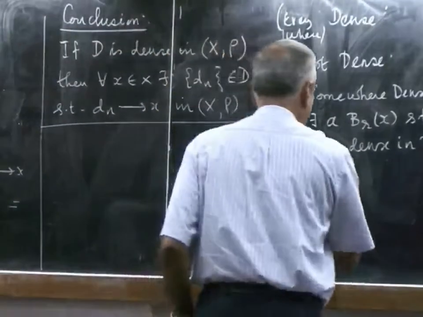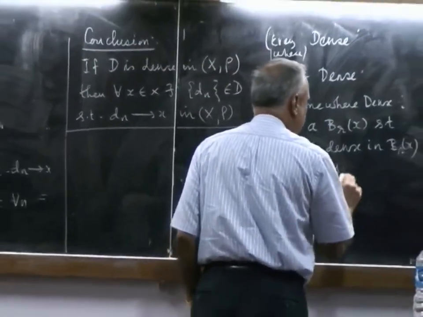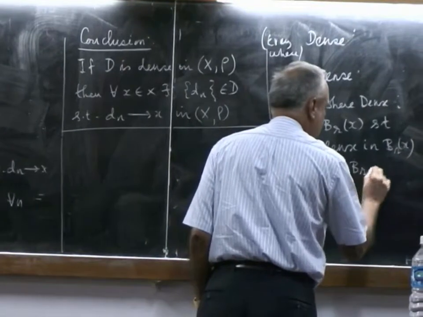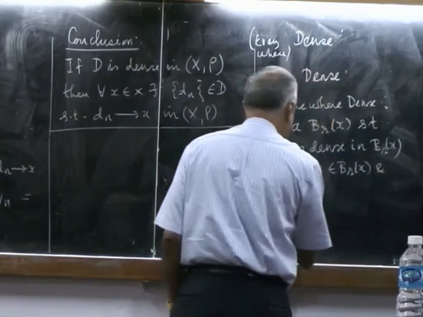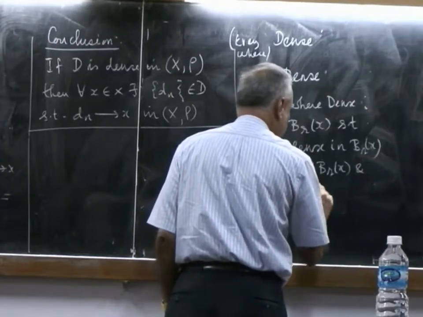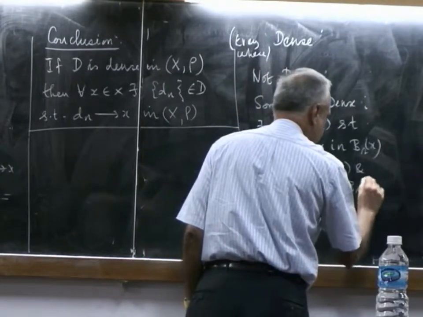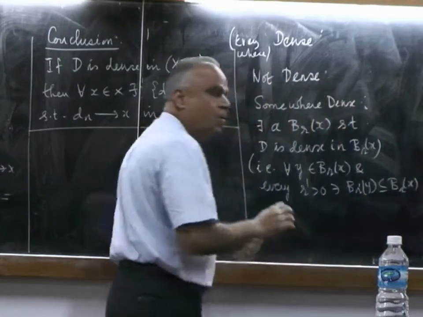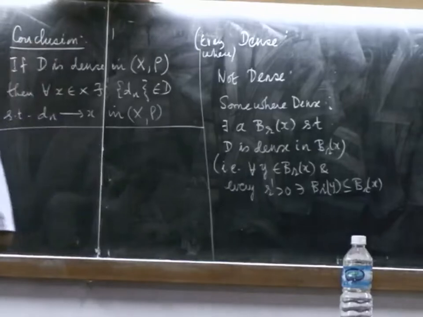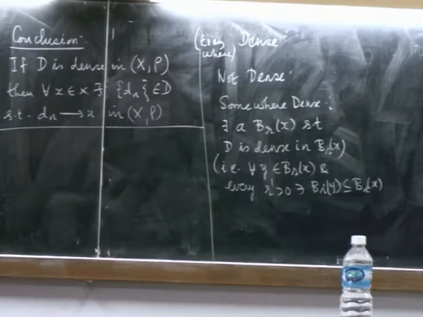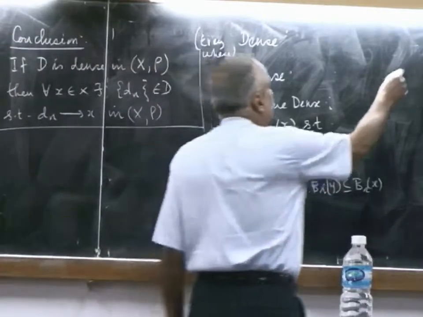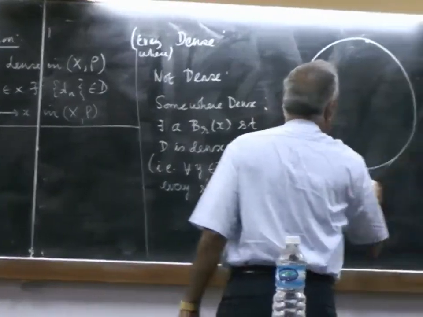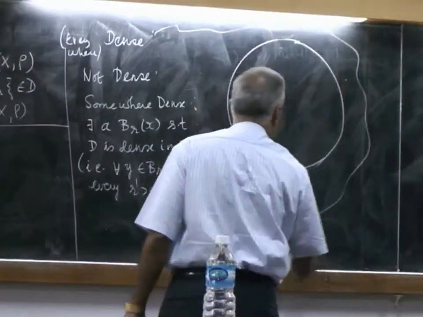That is, for every y in B(R, x) and every r prime greater than 0 such that B(r prime, y) is contained in B(R, x). Now the universe is only B(R, x). We are completely ignoring the other parts, shutting down the other parts of the metric space and looking only at this smaller universe. This is the whole metric space.